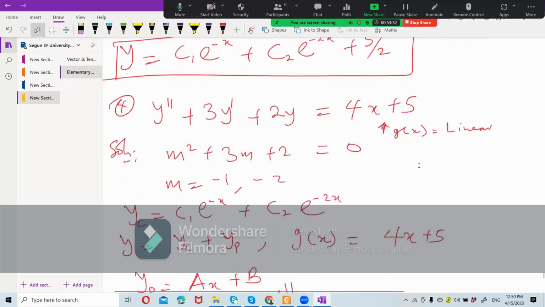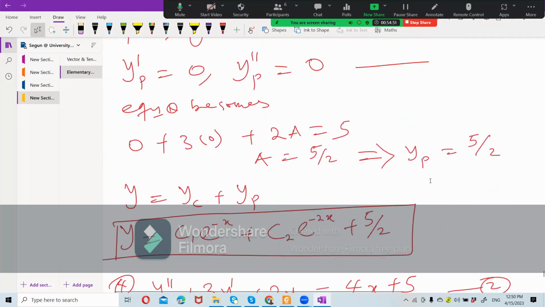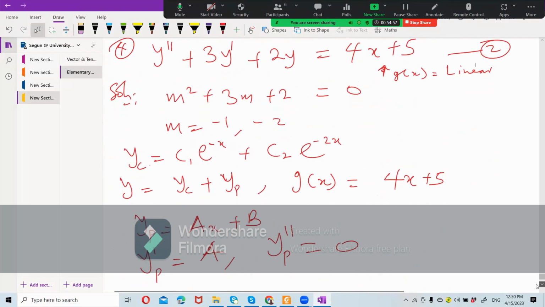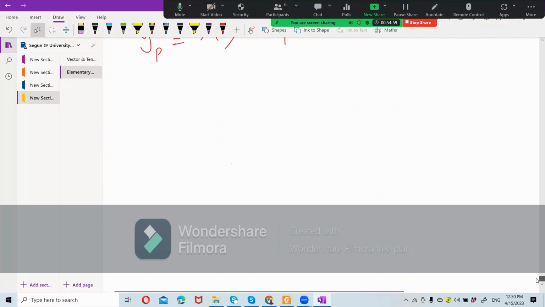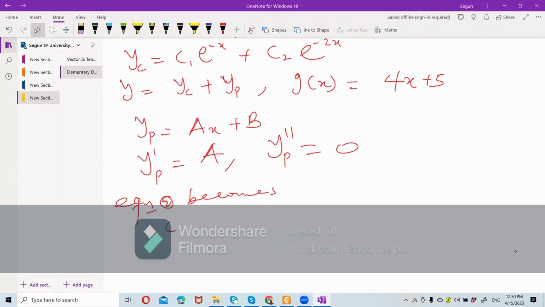Then we can now substitute. Let's call this one equation 2. So equation 2 becomes: y prime prime is 0, plus 3 of y prime, which is a, plus 2 of y.